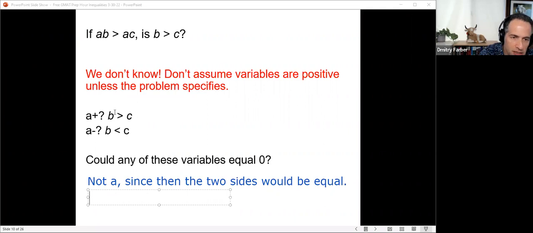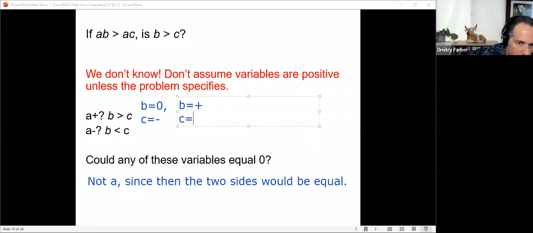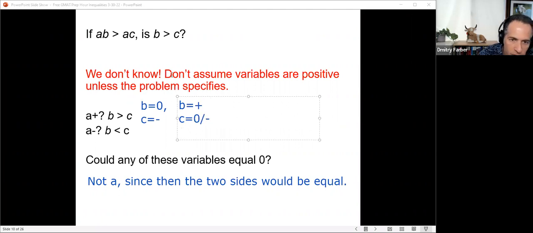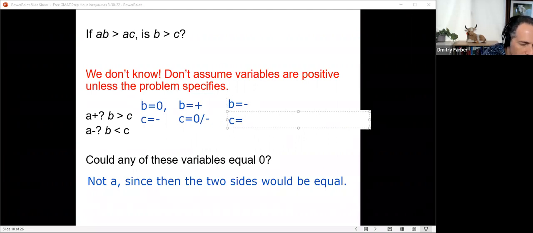And so in this case, we have that we could have B 0, C would be negative, or we could have B is positive and C equals 0, right? Or negative, of course. If B is negative, then C can't be 0 because it wouldn't be less, but C could also be negative, right? So we have some different cases there.